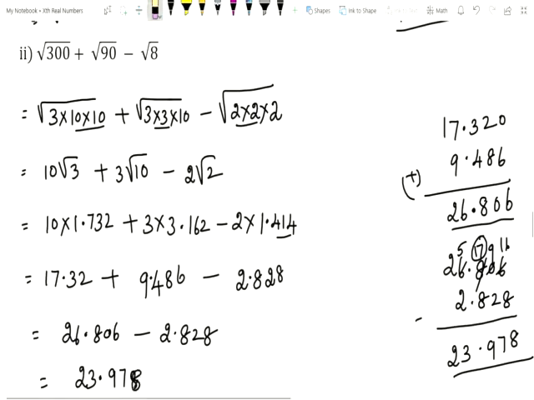Here how many decimals are there? Here 3 decimals are there. Okay, so what is the answer? In the question itself they mentioned 3 decimal only, so it is already 3 decimal, so leave it. So what is the answer? 23.978. What is the answer, children? 23.978. Do you understand, children? Thank you, children.